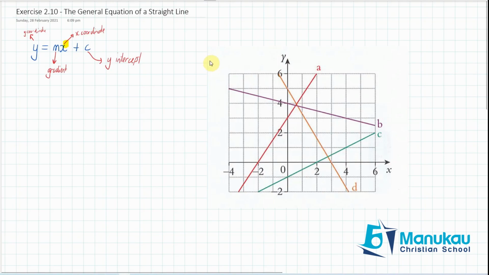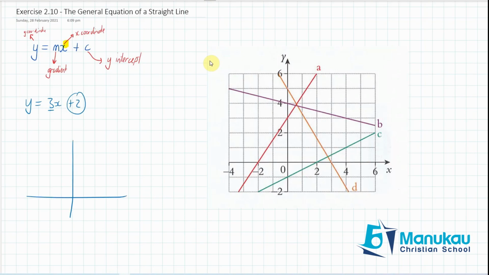Now let's have a quick look. Let's say I had something like y equals 3x plus 2. This would be my y-intercept, and this 3 would be my gradient. In other words, if I was to sketch it, I know that it would cross my y-axis here.